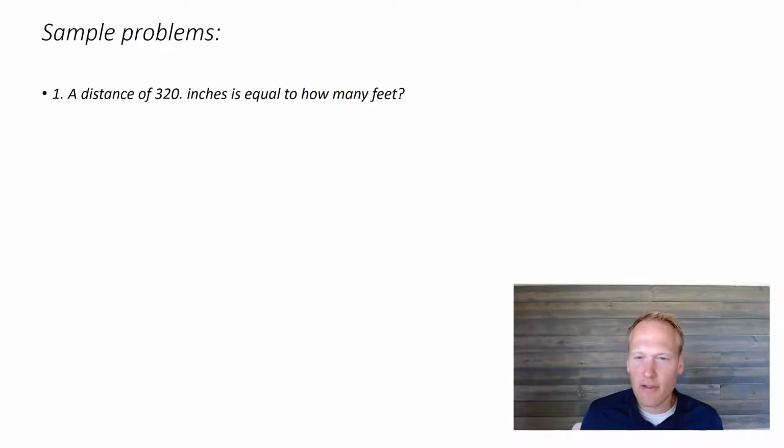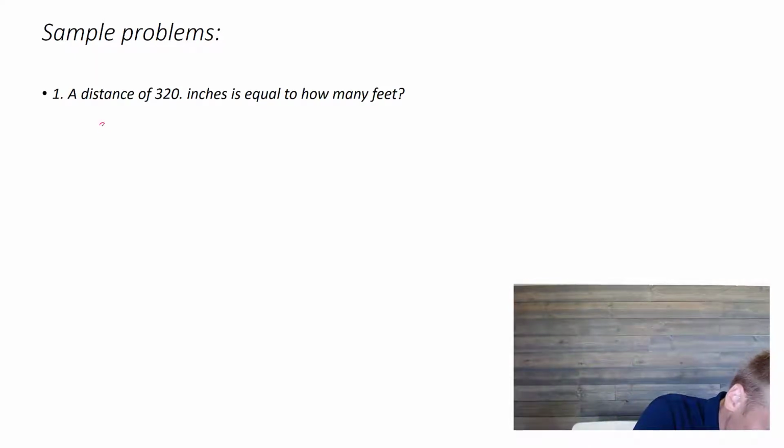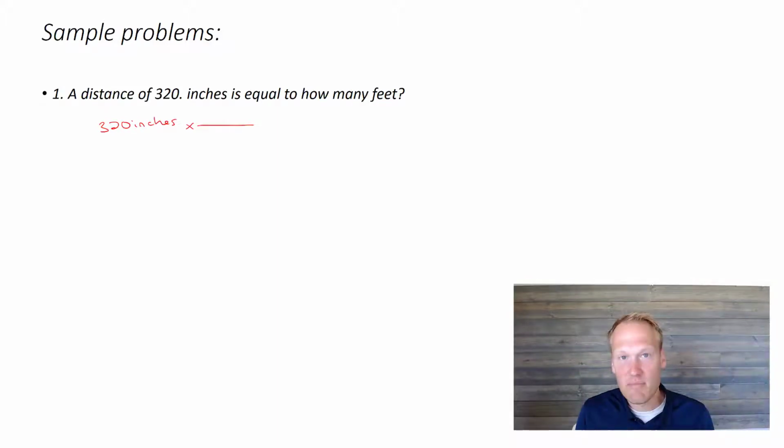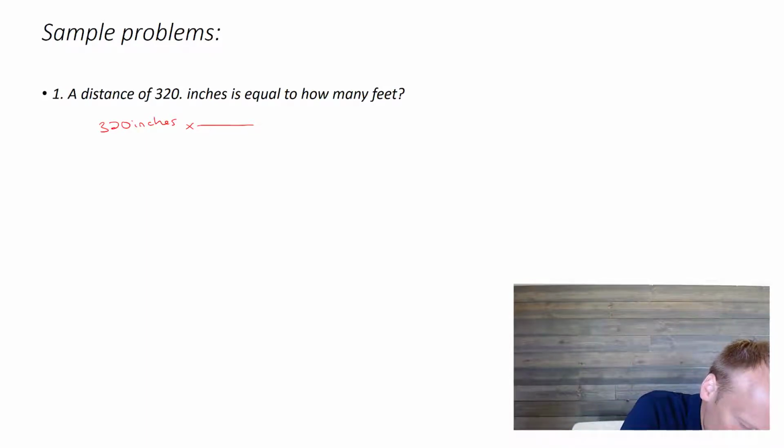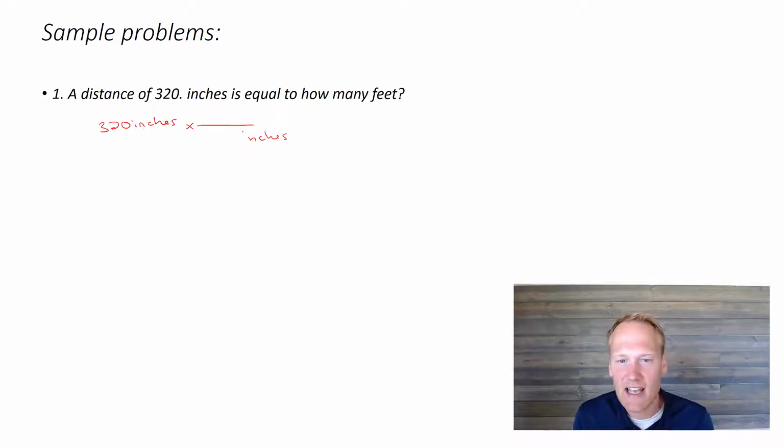Real straightforward. 320 inches is equal to how many feet? The first thing you're always going to do is state the given: 320 inches. I know before I do anything else that I want inches to drop out, so inches will be here at the bottom. This measurement and this measurement during dimensional analysis will always be the same, because you want it to cancel out.